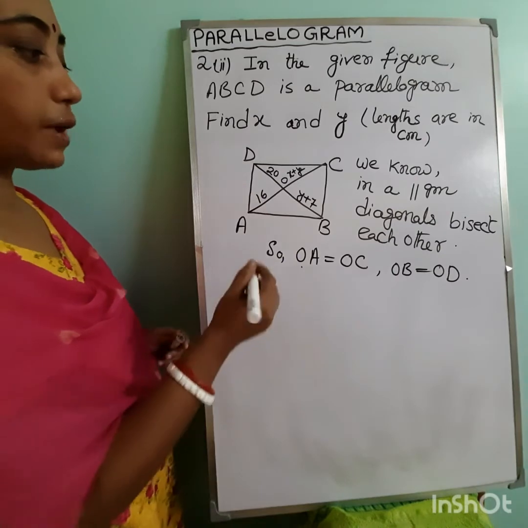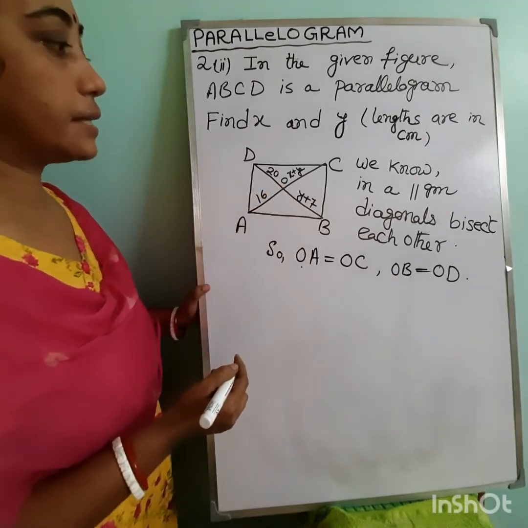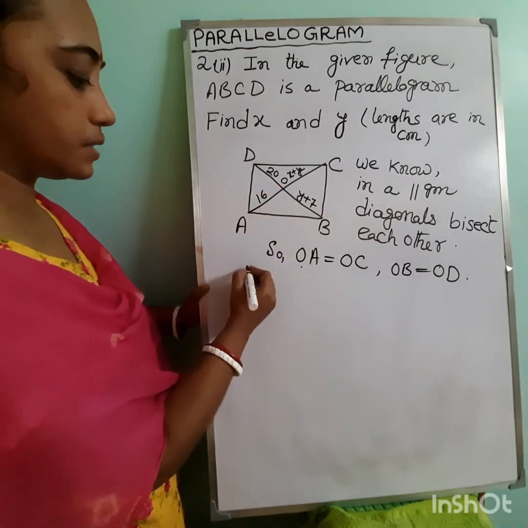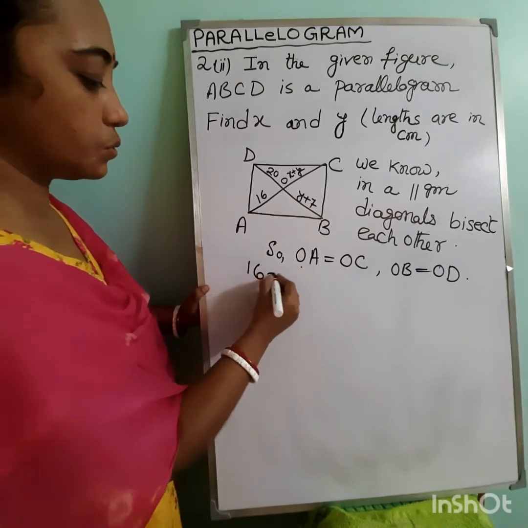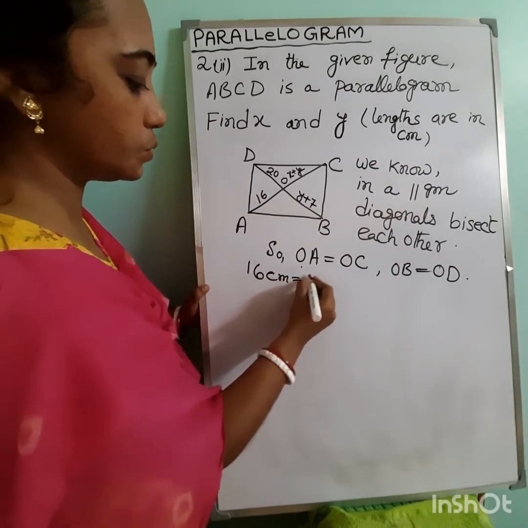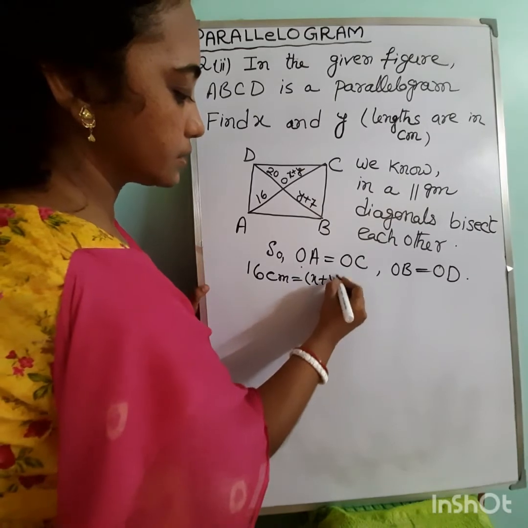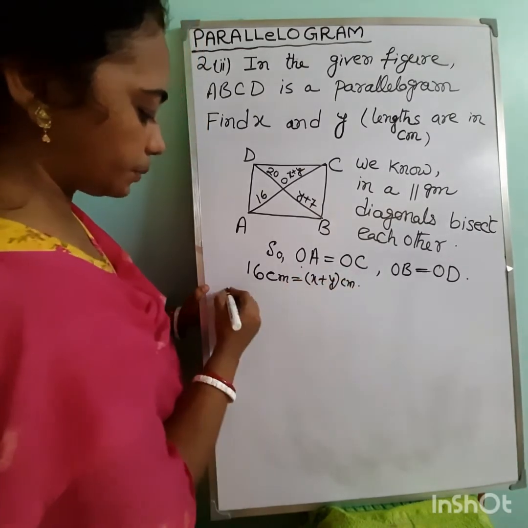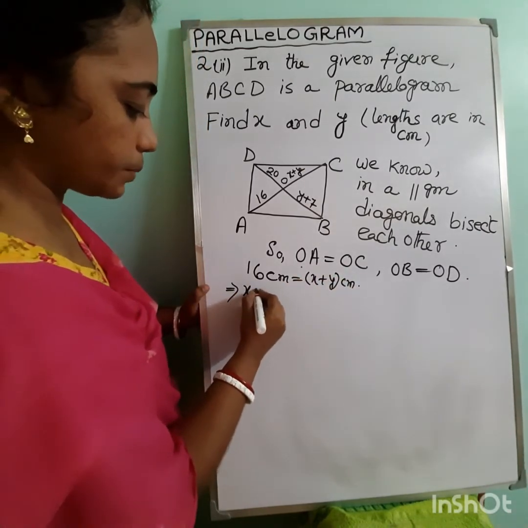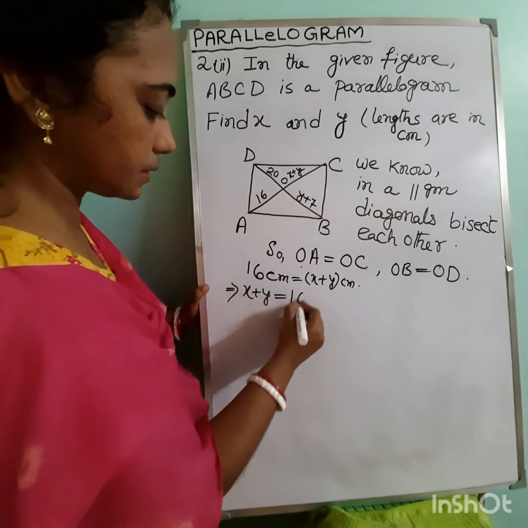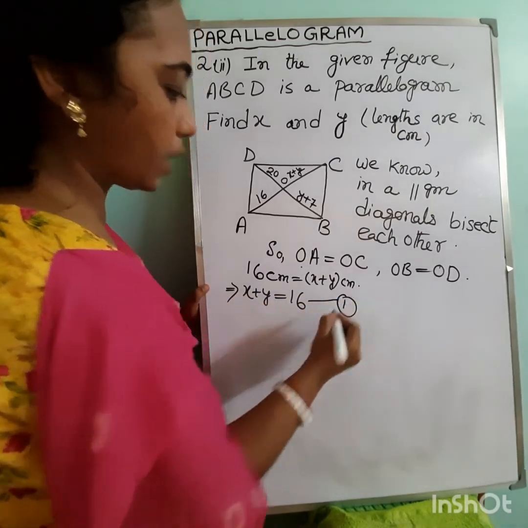Which means, what is the value of OB? The lengths are in centimeters. So we can also write here that 16 centimeter is equal to x plus y centimeter. That means we can write it as x plus y is equal to 16. Call it equation number 1.